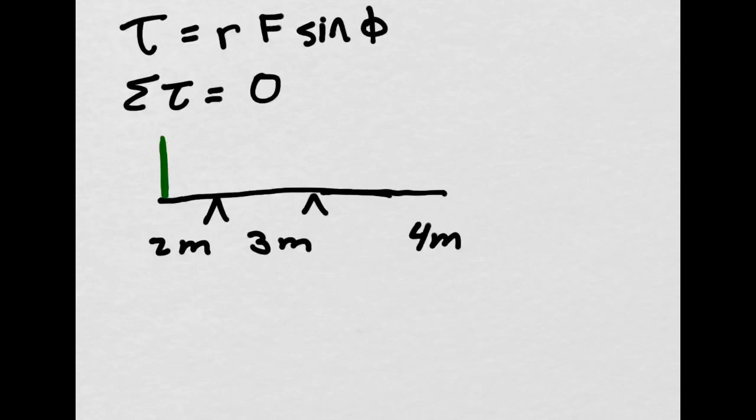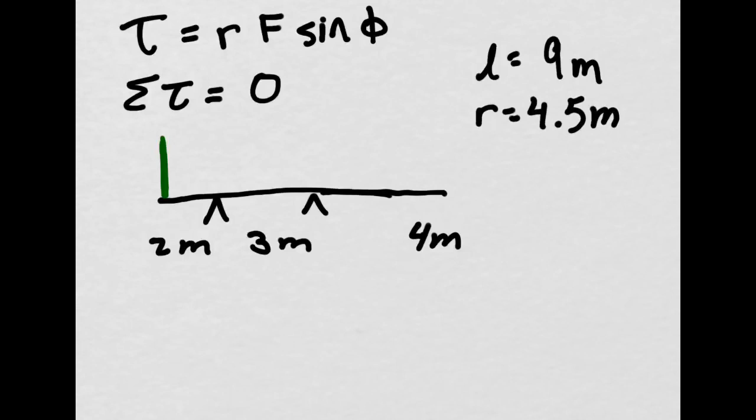So our beam has a total distance of 4 plus 3 plus 2, so that's 9 meters. That means the center of the beam is at R equals 4.5 meters. And then we have another person here at some unknown distance, and how far can they go? So we have to find that distance.